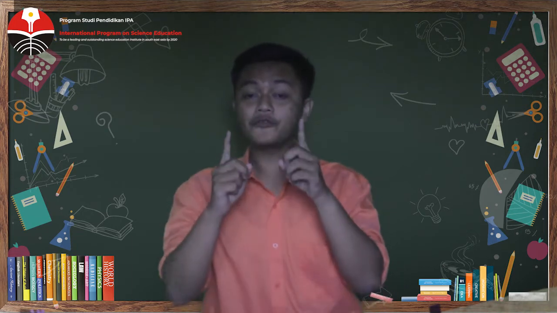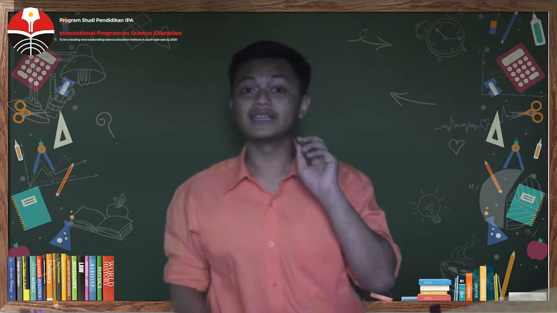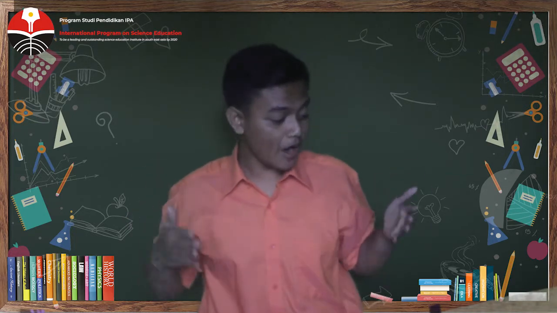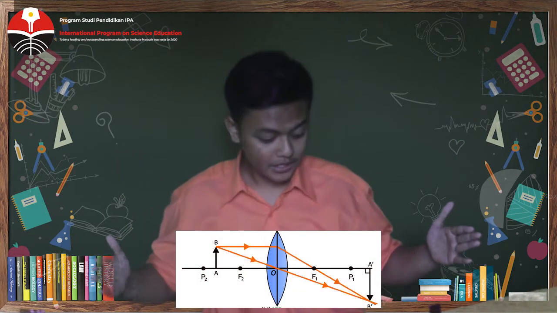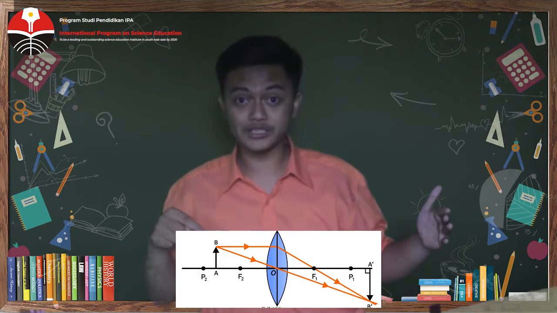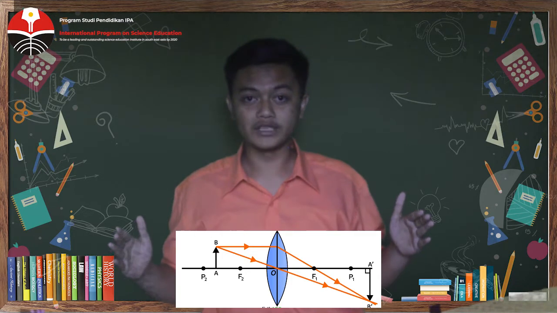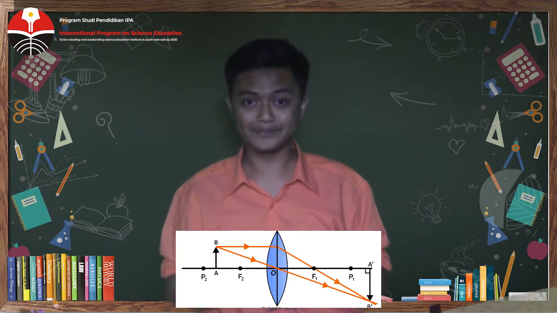And then the fourth step, after you add the first ray and the third ray, you will find the intersection in these pictures. The intersection is the image formation of the convex lens.